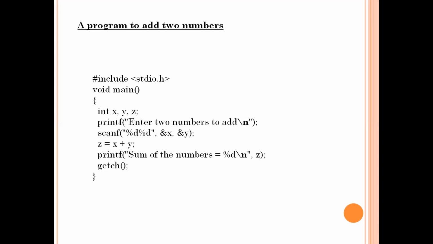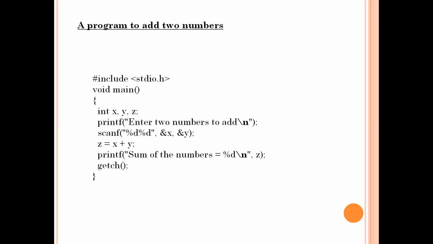For getting the output from the computer, we must make use of some output statements. We know for feeding input to the computer, we must make use of input statements, and for getting output from the computer, we must use output statements. So in this program, we use both the input statement and the output statement. These input output statements are all built-in functions contained within the library file or header file.